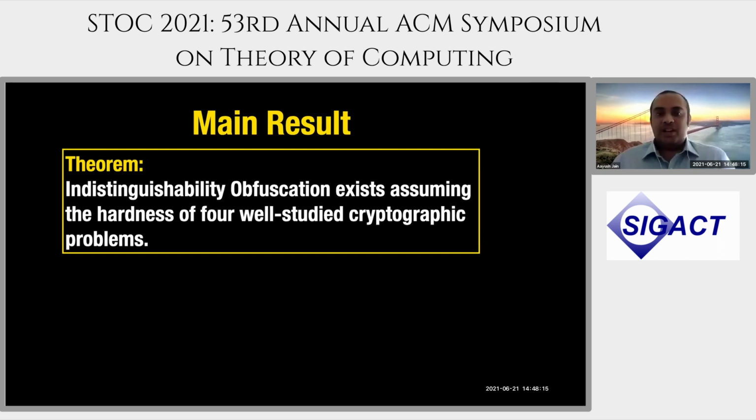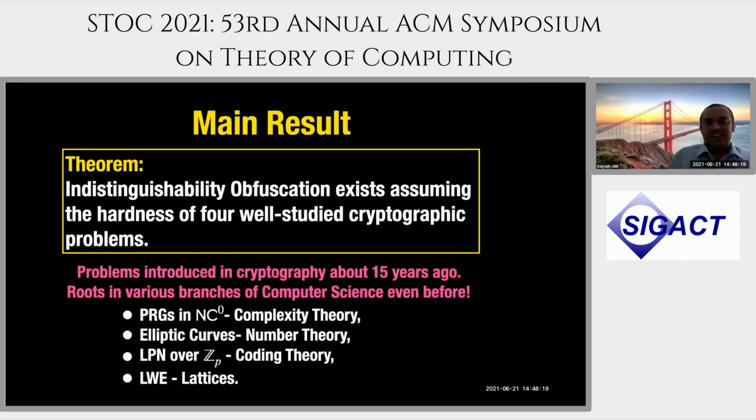Unfortunately, I won't have time to tell you what exactly these problems are, but I can at least name drop them here. But the key point is that these problems have been introduced in cryptography about 15 years or so, but they're actually very well rooted in various other branches of computer science even before that. So one of the problems we are using is existence of Boolean PRGs in NC0, which actually has its roots in complexity theory from the domain of constraint satisfaction problems.